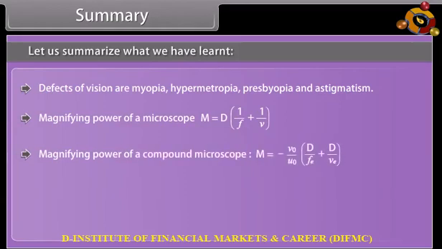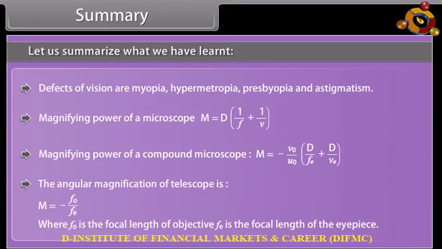Magnifying power of a compound microscope, m is equal to minus v0/u0 into (D/fe + D/ve). The angular magnification of telescope is m is equal to minus fo/fe, where fo is the focal length of objective and fe is the focal length of the eyepiece.